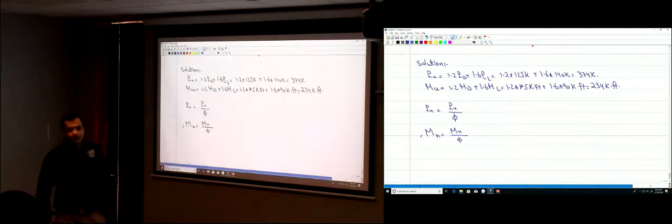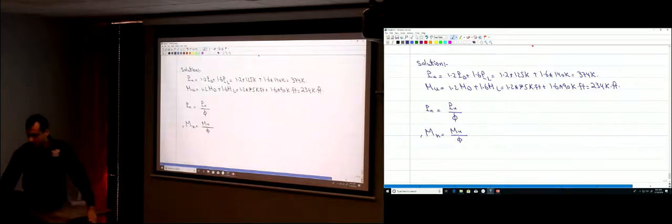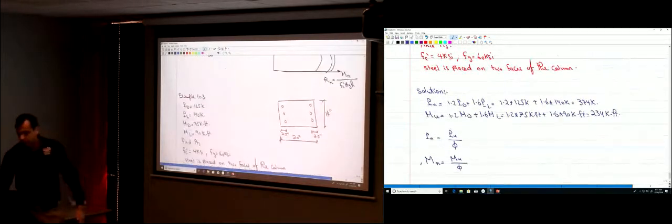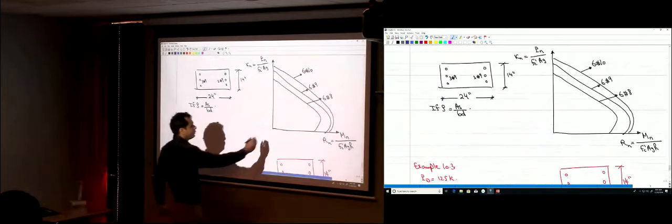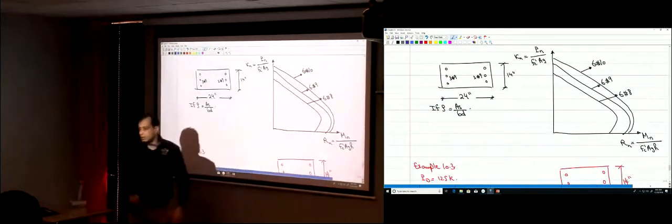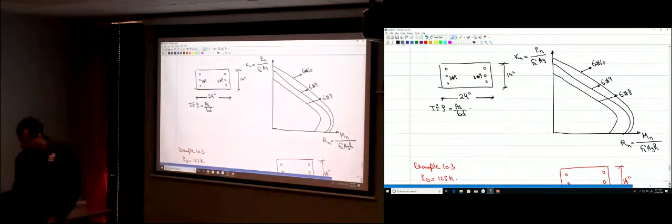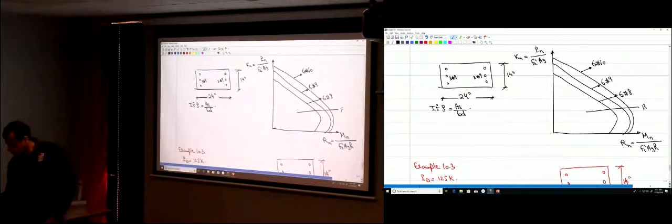How much is phi? Phi is unknown. We said there are three regions. It can be 0.9, or from 0.9 to 0.65, or 0.65. We had the balance point here, and we had epsilon t equal to 0.005.